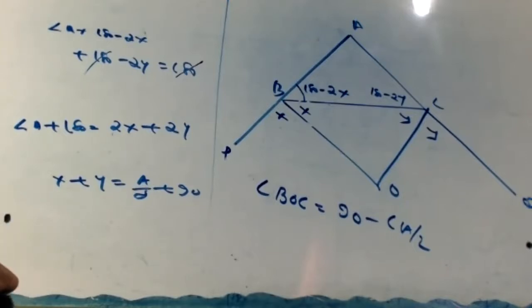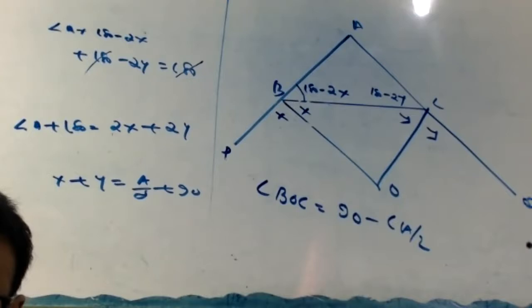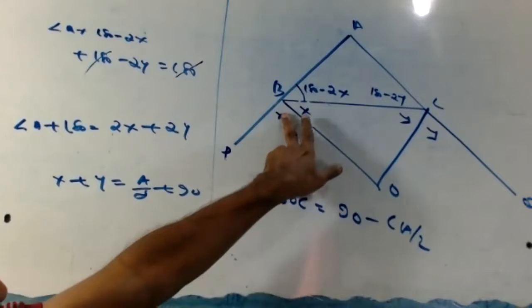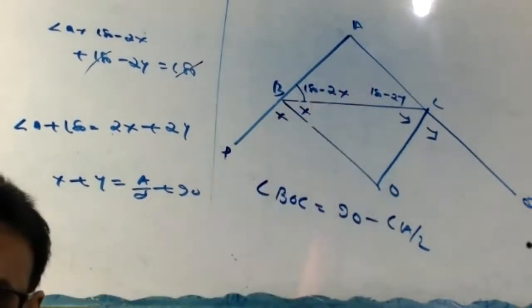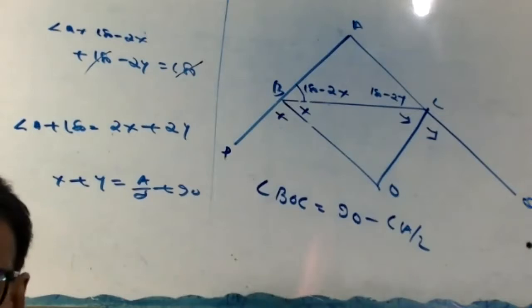Angle PBC plus angle ABC 180 degree, linear pairs. Okay. Therefore, angle ABC is 180 minus 2x. Why? Here is 2x, here is 180 minus 2x. That part clear or not? If it is here 30, you have 180 minus 30. 180 minus 2x.